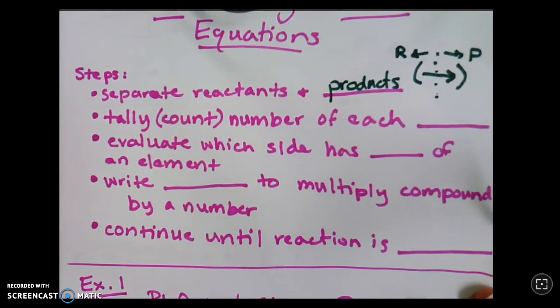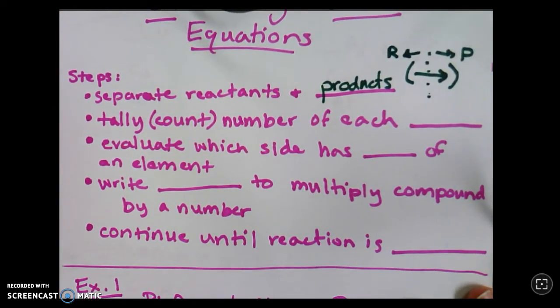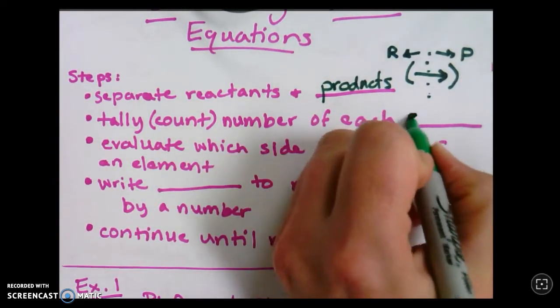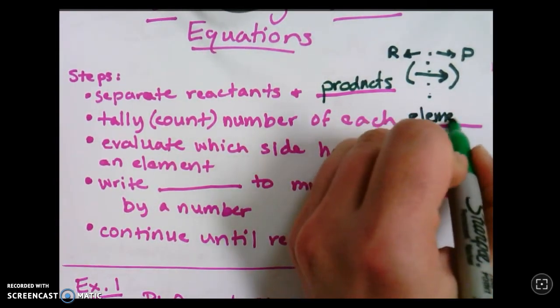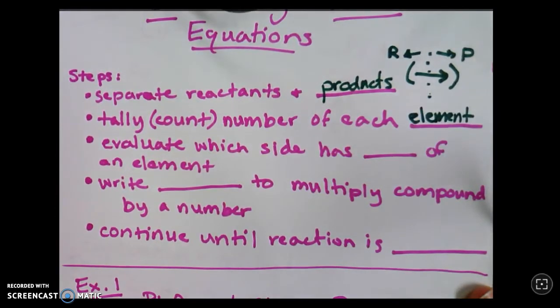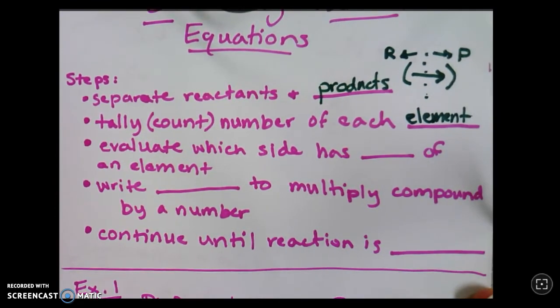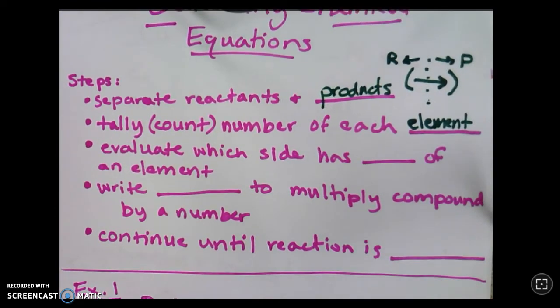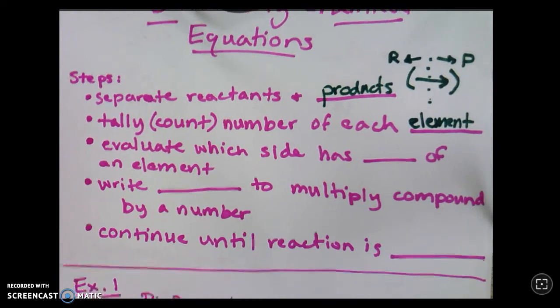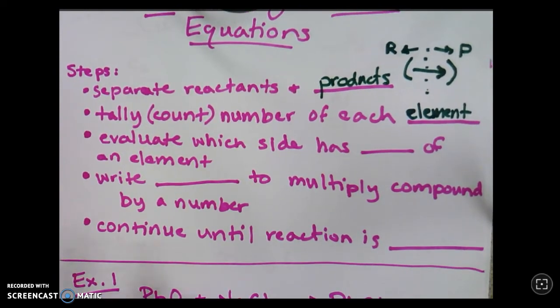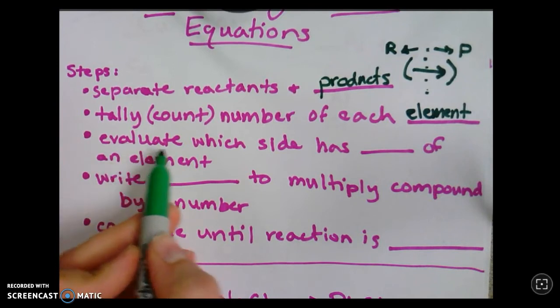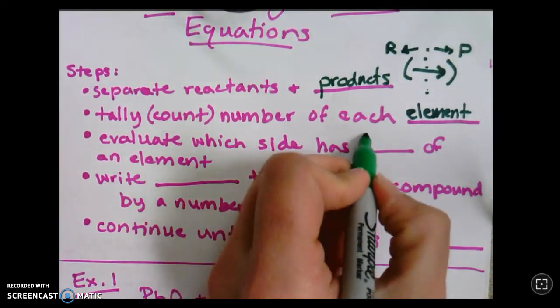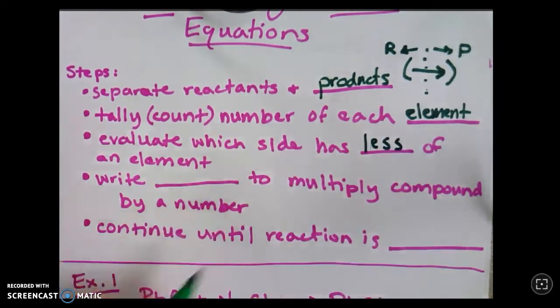All right, next we need to tally or count the number of each element on both sides. So calcium, bromine, carbon, all these types of elements. All right. After that, you will figure out or evaluate which side has less of a specific element.